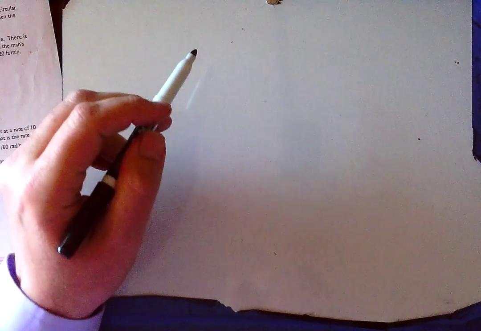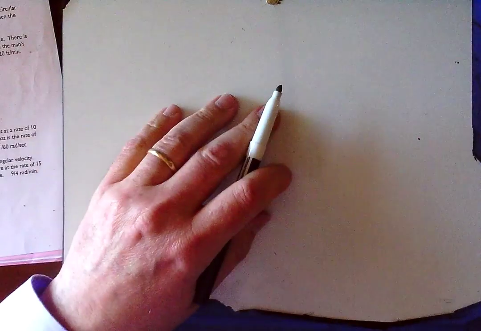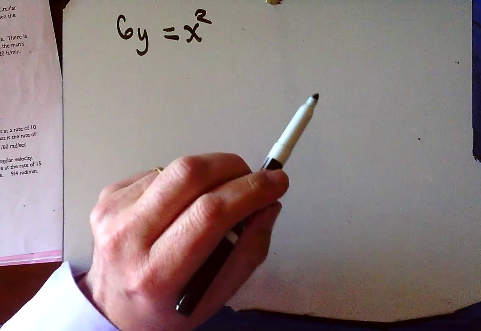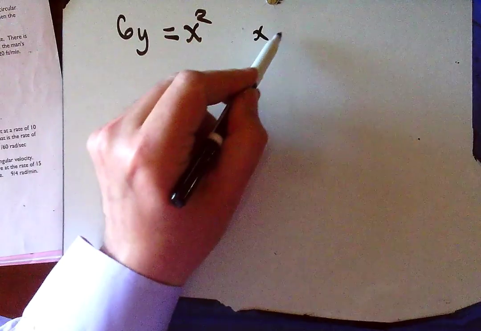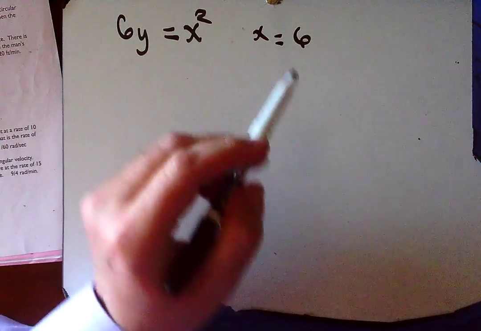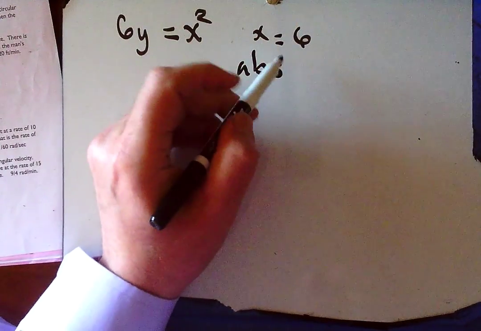Okay, now though, we move back to time, and we will see time in all the rest of the problems we have here on this worksheet. Okay, a point moves on the parabola 6y equals x squared in such a way that when x equals 6, the abscissa, that's a great word, isn't it? I just had to bring it out for you.